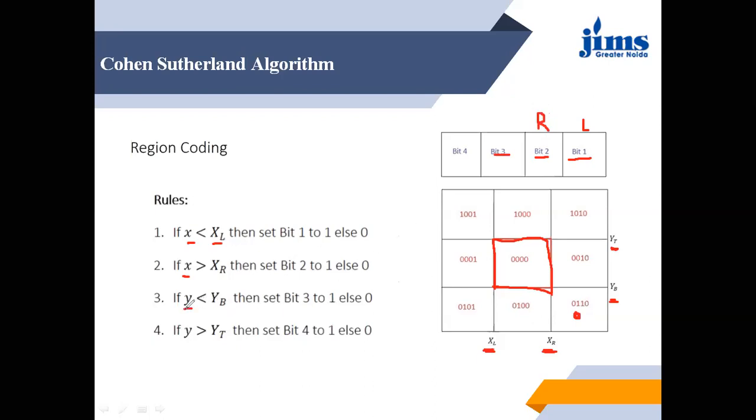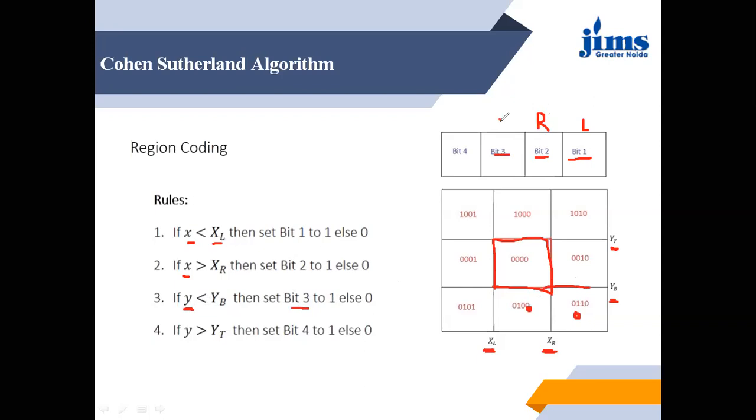Then we compare the y coordinate. If the y coordinate is below YB, bit 3 is 1; if the point is above that, the value of bit 3 will be 0.